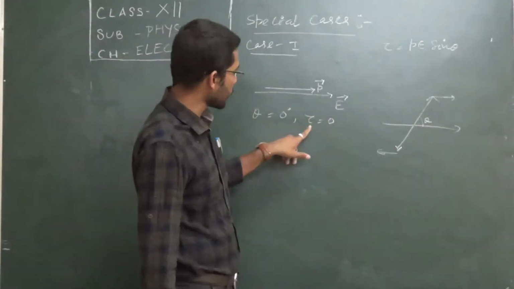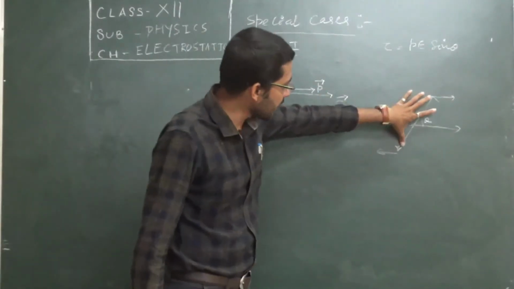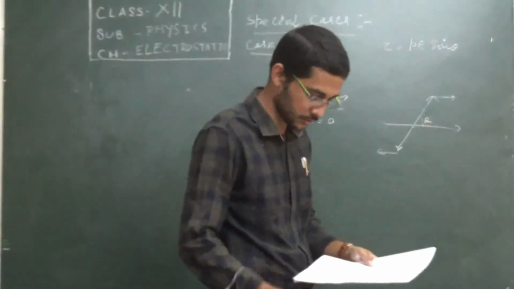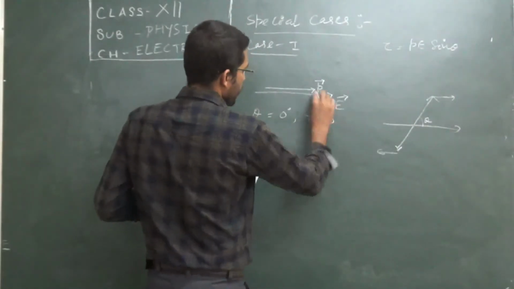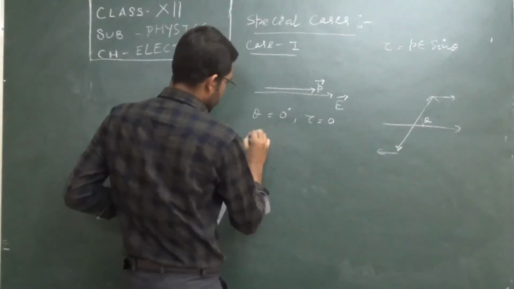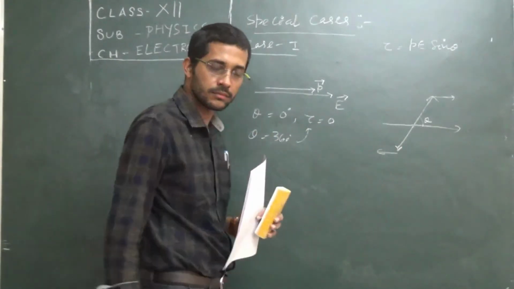That means the torque is found to be 0. If there is no torque, the dipole doesn't have the capacity to rotate. So this is the basic case, remember this one. And also, if it starts here and rotates completely, then for theta equal to 360 degree also, the torque is found to be 0. These are the basic two cases.